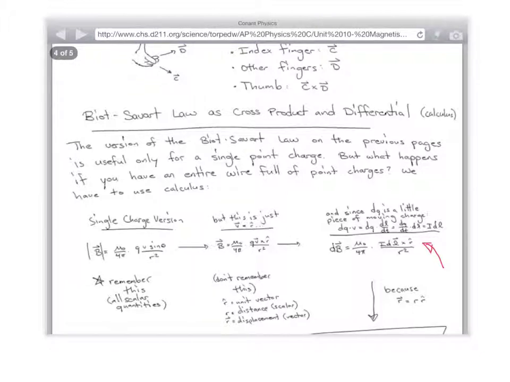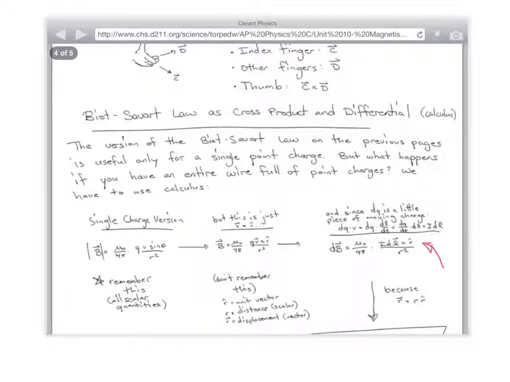Which means it basically says cross the dl vector with the r hat vector to get the direction of the magnetic field, then divide by r squared to get the size of the magnetic field. It's a really confusing way of writing. It's a compact way of writing that: figure out the amount, and then use the right-hand rule to figure out the direction.